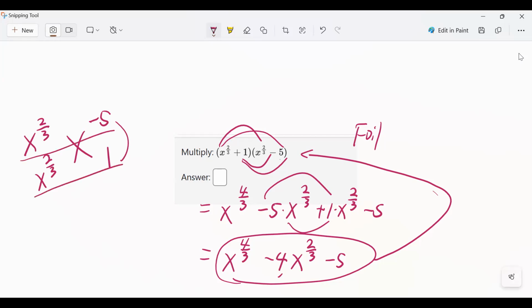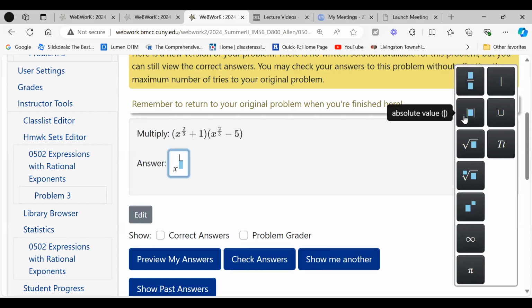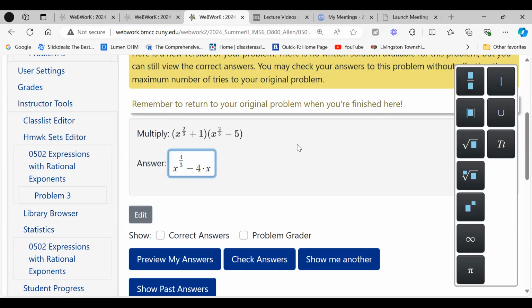The second term is the product of the first term. Right? So you can go back and forth on this. So this is x raised to the 2/3 minus 4 times x^(2/3) minus 5.